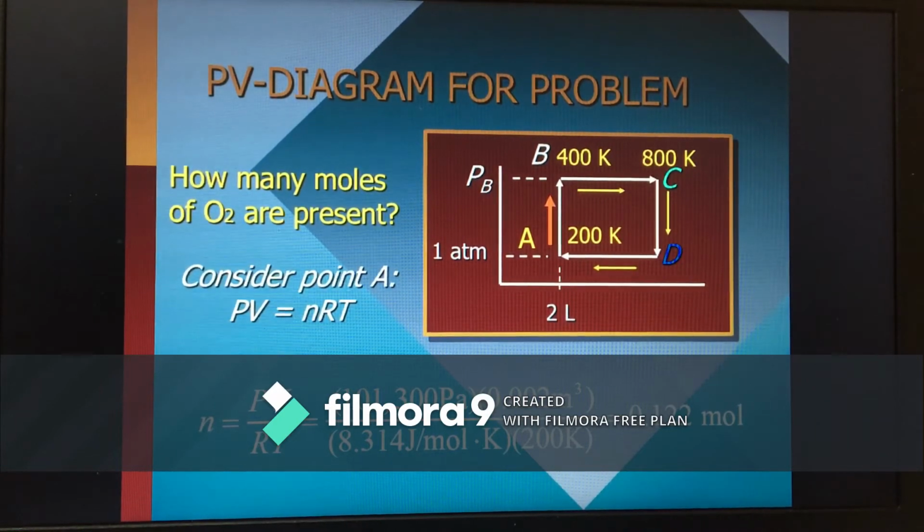Thus, for 2 liters, we have 0.002 cubic meter. And the value of R depends on the units involved, but it is usually stated with SI units as R equals 8.314 joules per mole Kelvin.